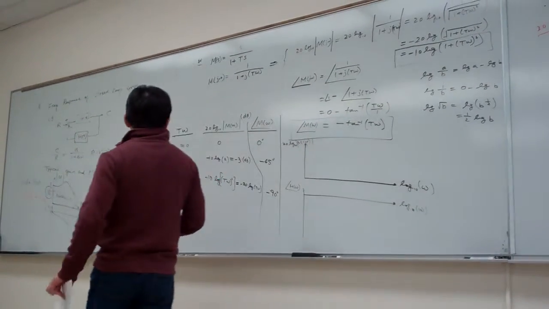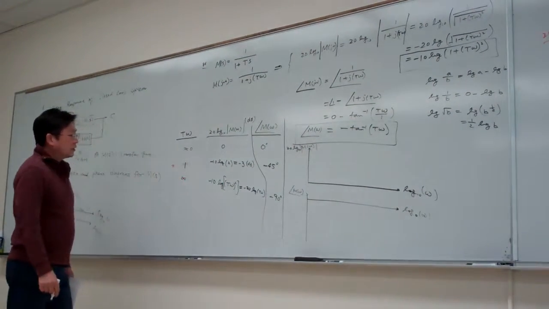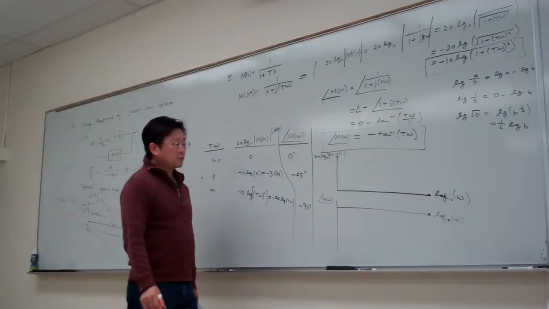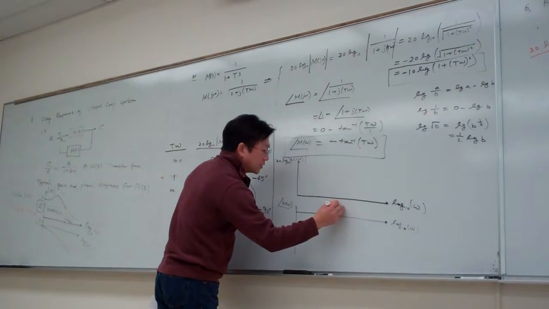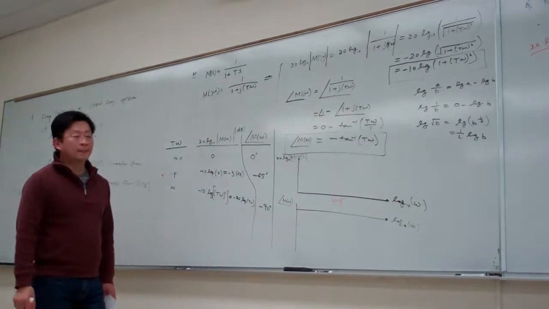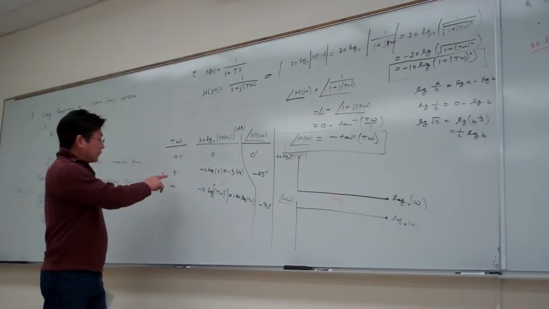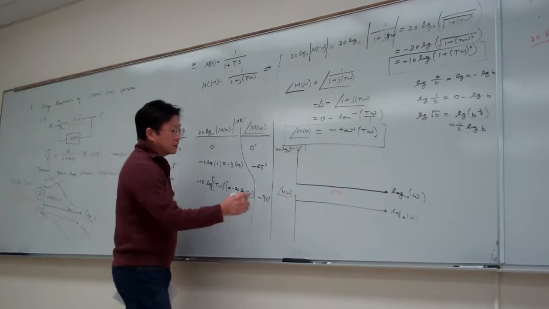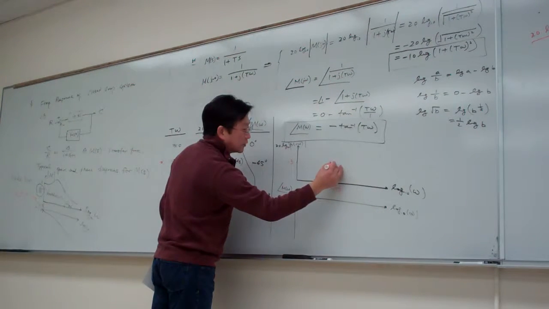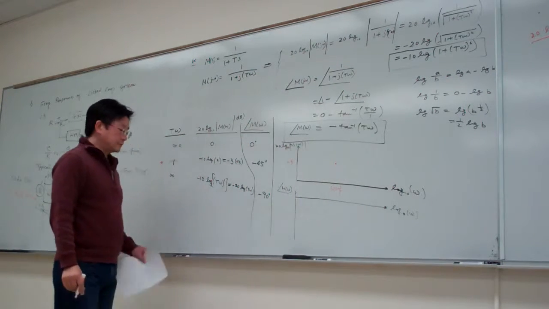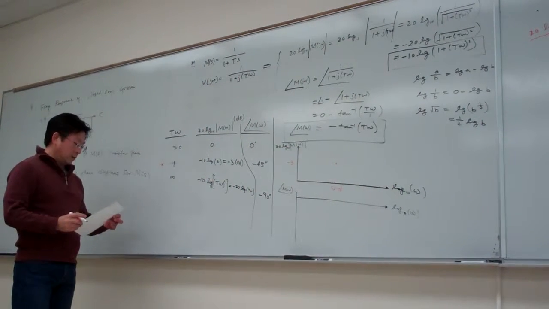Let me try this first. When t omega equals 1, that means this corresponds to when omega equals 1 over t. Okay. And then that value corresponds to minus 3 here. So we simply point 1 point here. Okay.